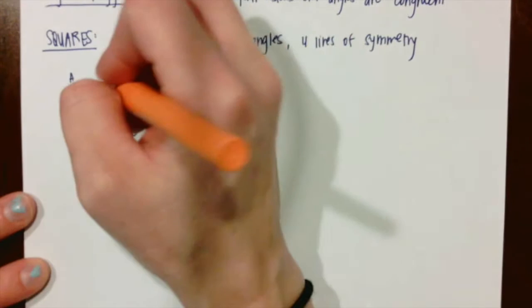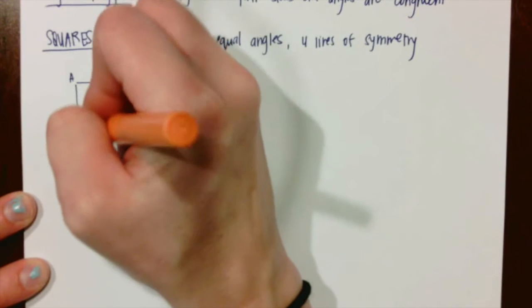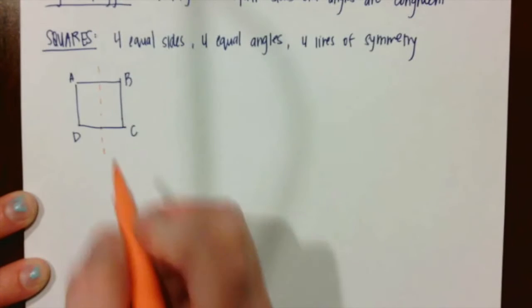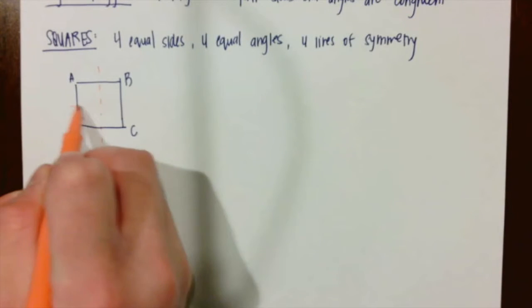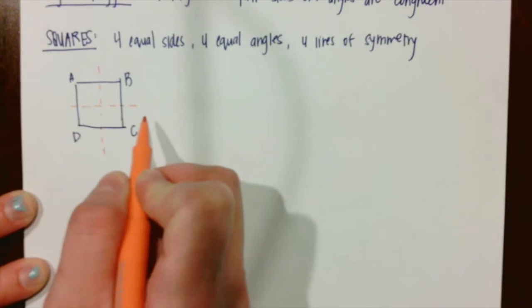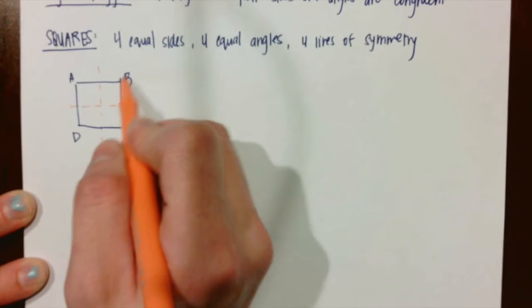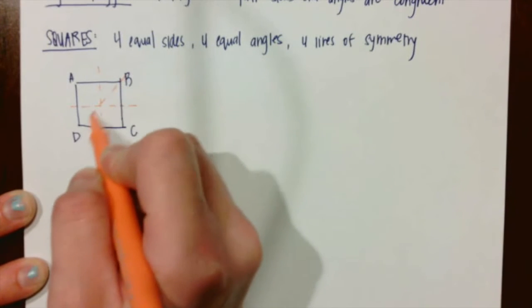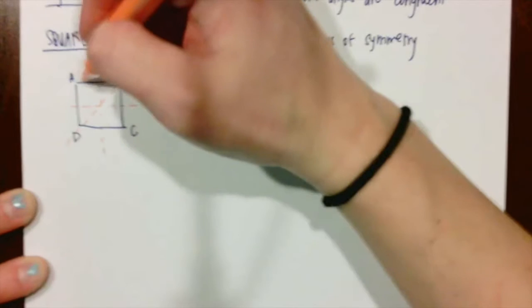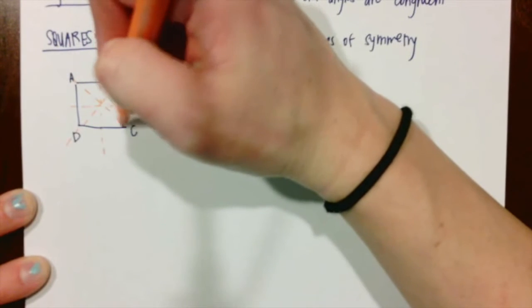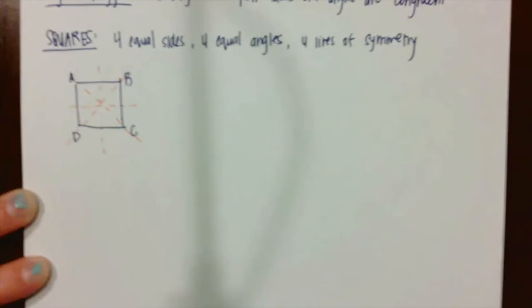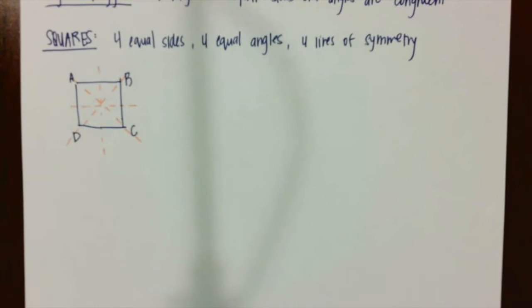So let's draw a line of symmetry that goes down the middle. Another line of symmetry that goes across the middle. Then we have a line of symmetry through this diagonal, and a line of symmetry through the other diagonal. Those are all the 4 places where we could fold this square in half and it would overlap.